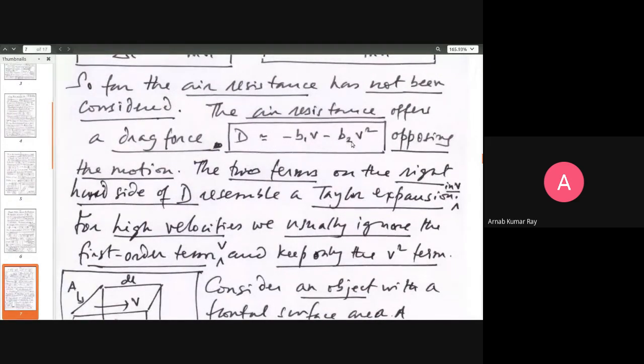Now let us have a little mathematical discussion of this thing. So this is the general drag force, as if this part would come from liquid, this part would come from air. We have retained both.